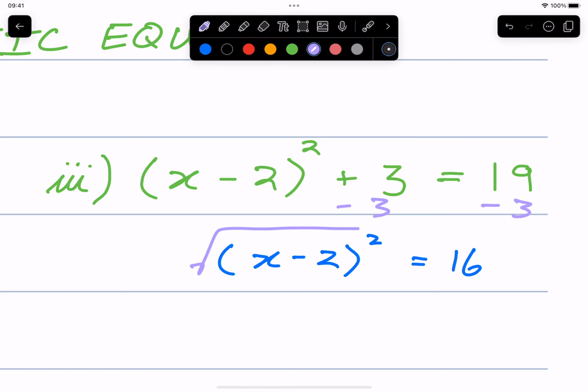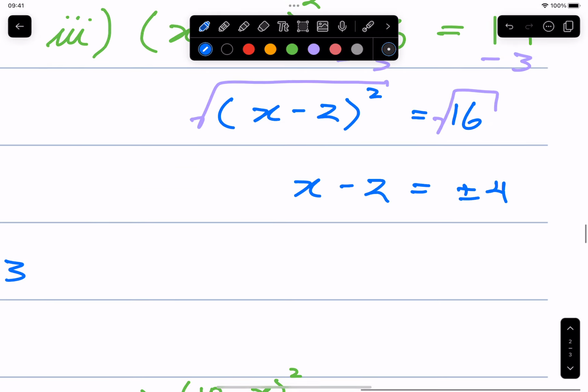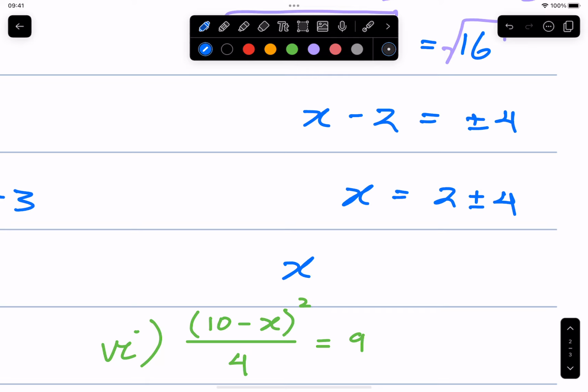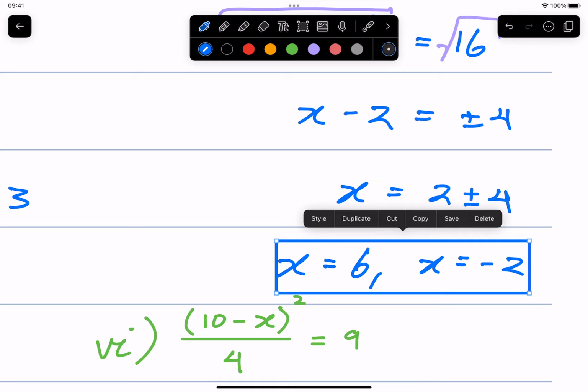Now we can take the square root of both sides. This will give us x minus 2 equals plus minus 4. This gives us x equals 2 plus minus 4. And we can go straight to the solutions. 2 plus 4 is 6. 2 minus 4, x equals negative 2. So these are the two solutions to this equation.